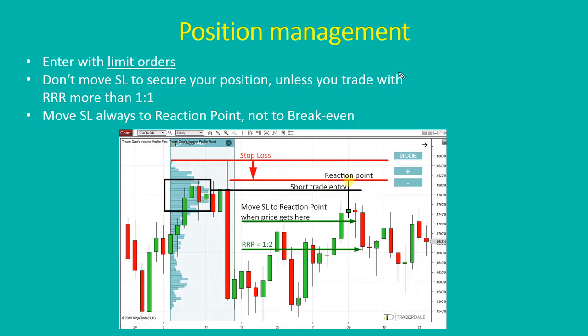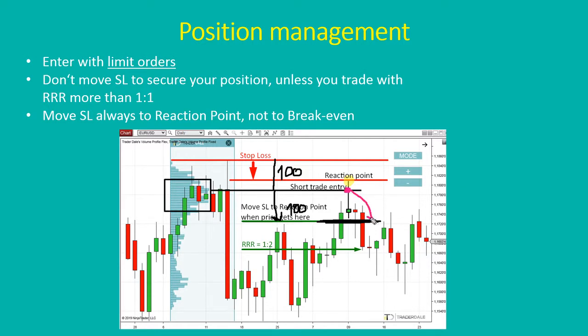Now, if you want to trade with risk-reward ratio higher than 1, for example, a risk-reward ratio 2, it only makes sense then that you secure your position somehow. And I suggest that you secure your position when you reach the first take profit, or where you reach the risk-reward ratio 1 place, which means that if this is 100 pips, then you secure your position when the price makes 100 pips from your short trade entry.